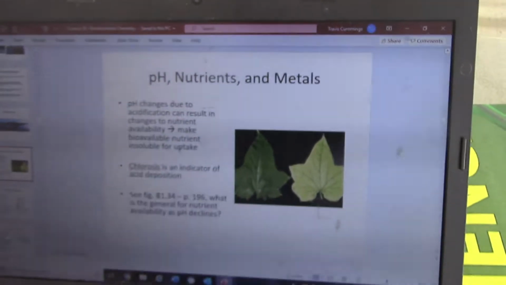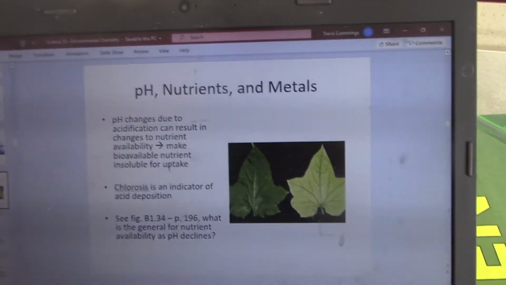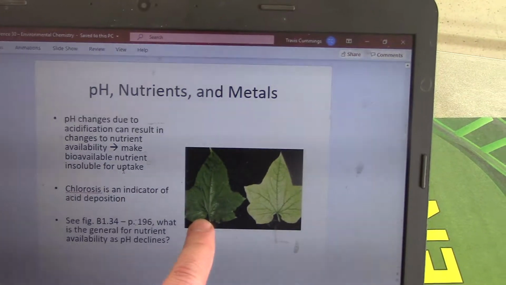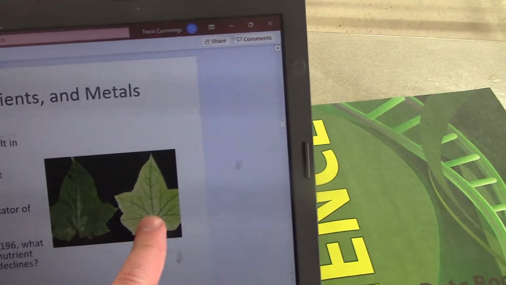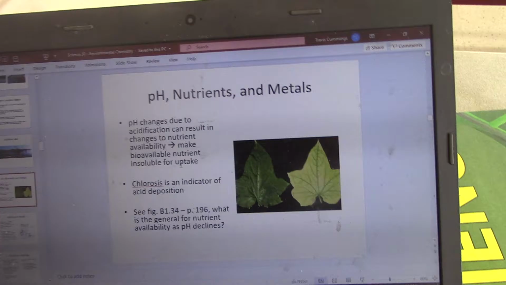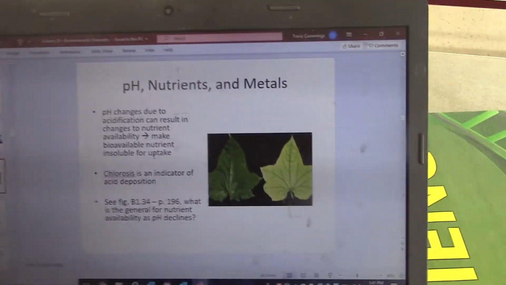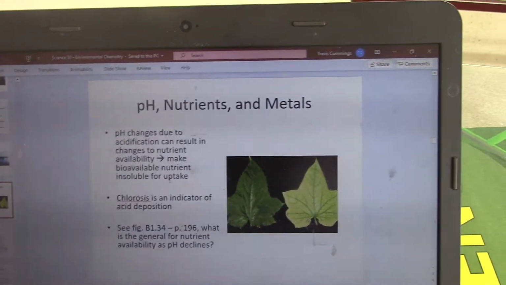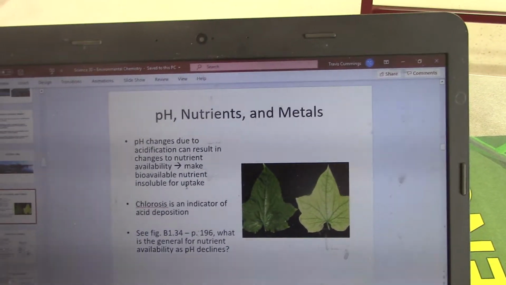So when pH changes, what you can see here, this is a normal leaf, and then this is a leaf that has been in acidified soil. This is called chlorosis, where the plants lose their color because nutrients have leached out. So pH changes due to acidification result in changes to nutrient availability.